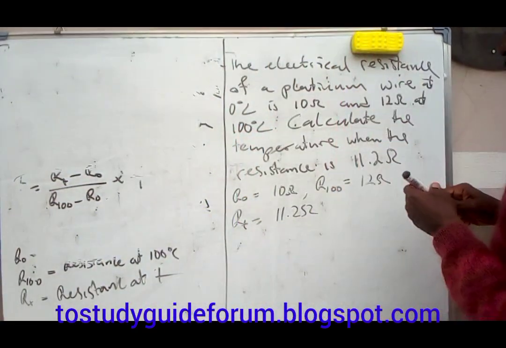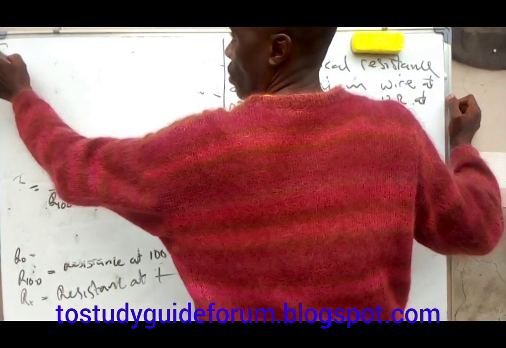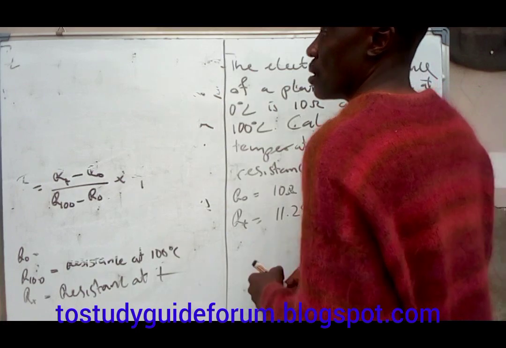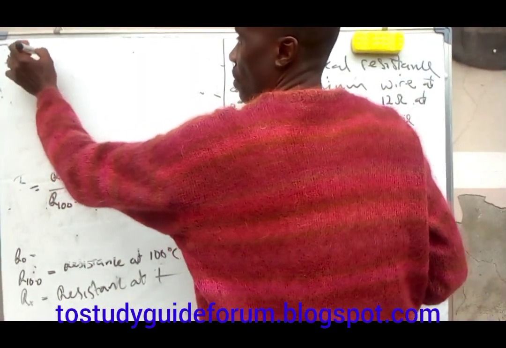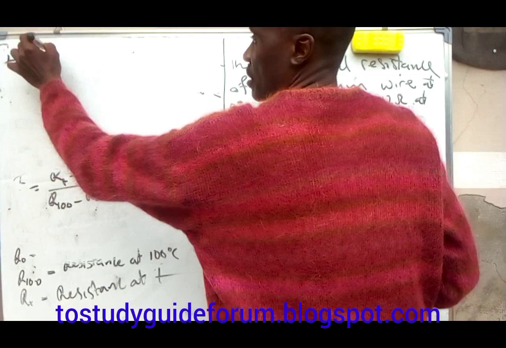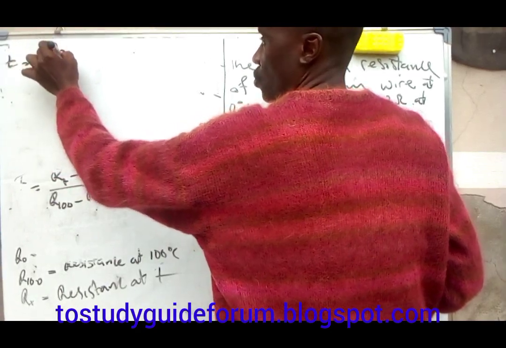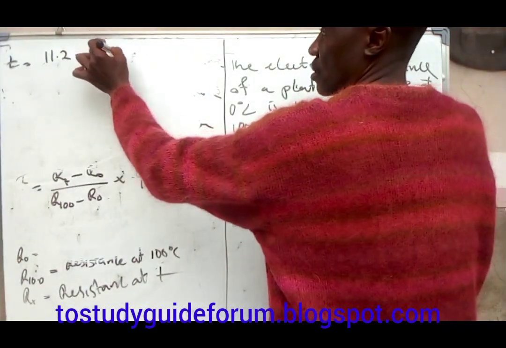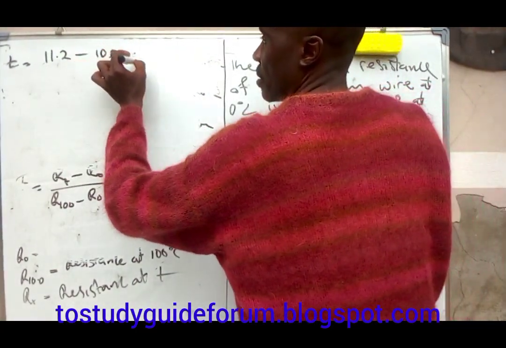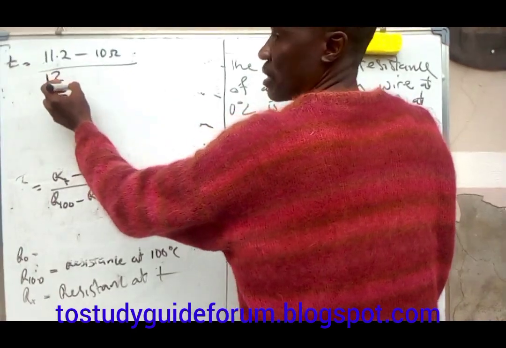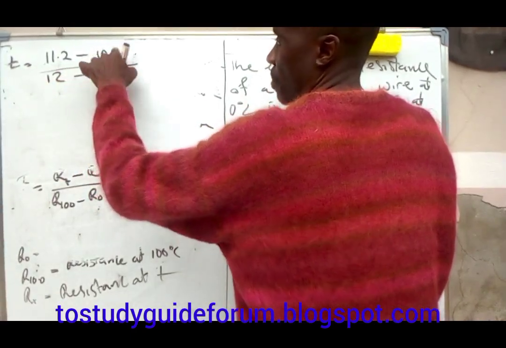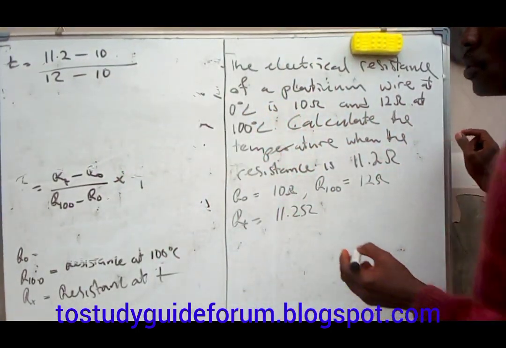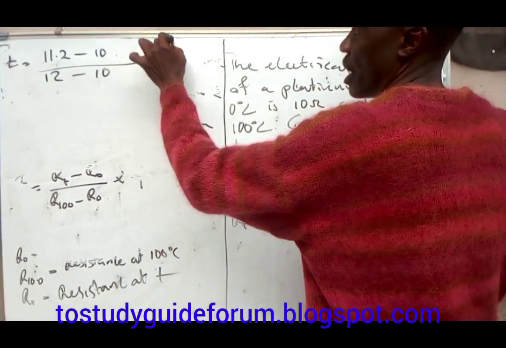By substituting, the temperature is equal to the resistance at this temperature, 11.2 ohms, minus the resistance at 0 degrees Celsius, which is 10, over the resistance at 100 degrees Celsius, 12, minus 10, times 100 over 1.